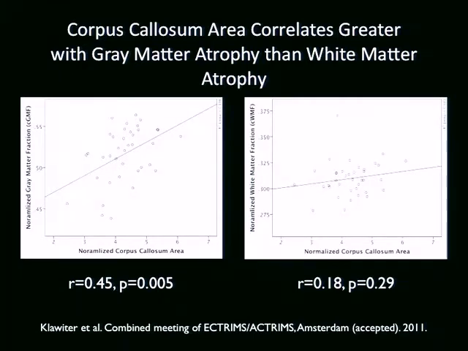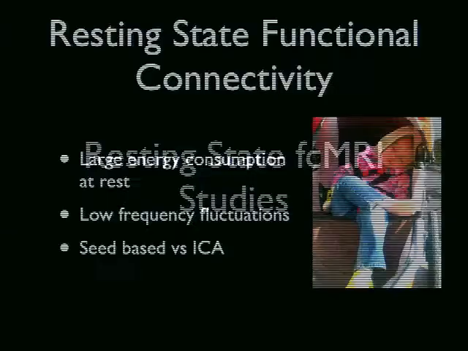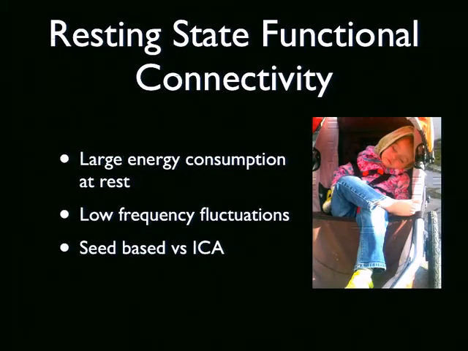And what we found, very interestingly enough, was that the corpus callosal area correlated with gray matter fraction, but it did not correlate with white matter fraction, which is interesting because the corpus callosum is a component of the white matter, indicating that there also may be, as far as etiology of the corpus callosal atrophy, a degenerative process.